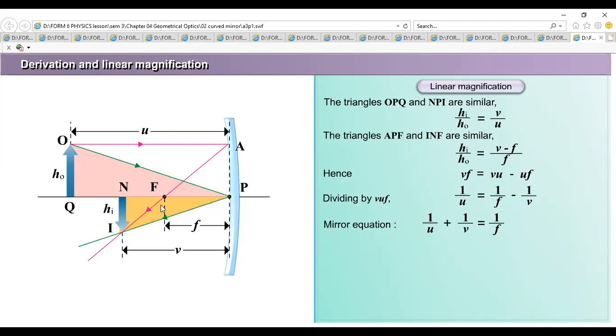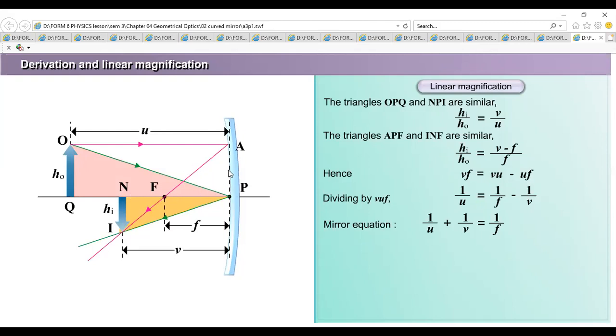So the triangle APF and the triangle INF.